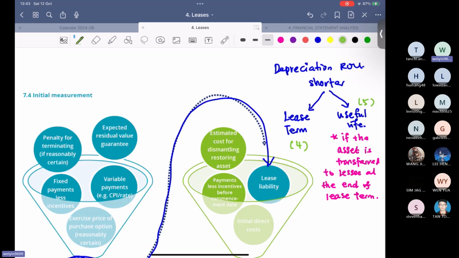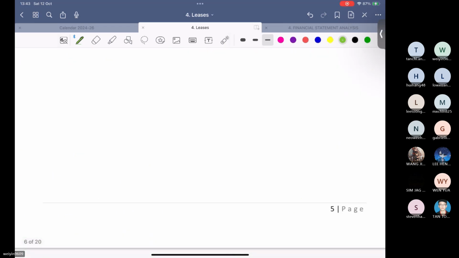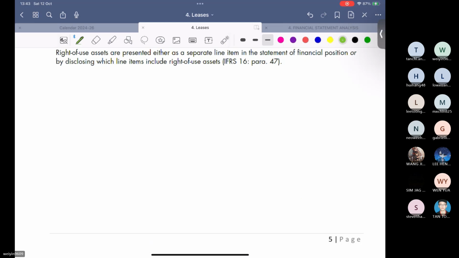So as a conclusion, lease liability, you have 2 steps.